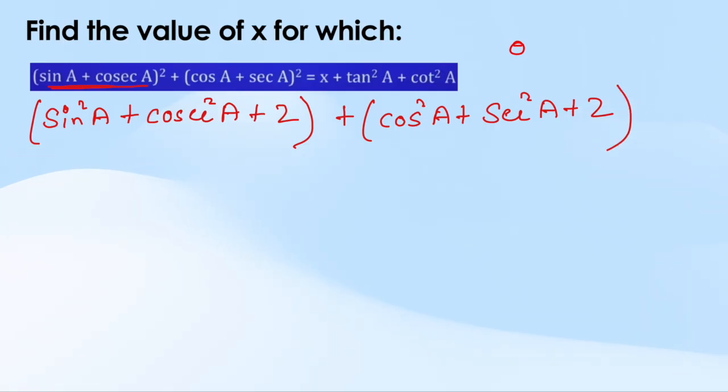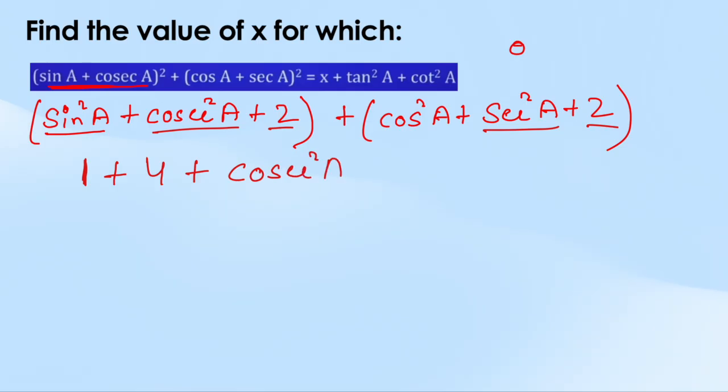Clear? Now sine square a plus cos square a will make 1. Okay, and I will get 2 and 2, which is 4, plus cosec square a plus sec square a. Now I want the answer in tan and cot.